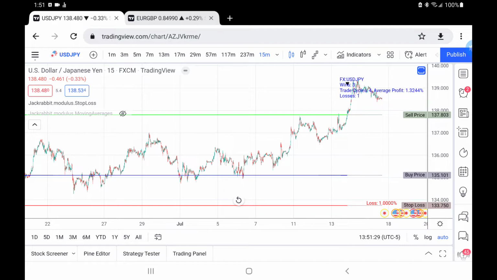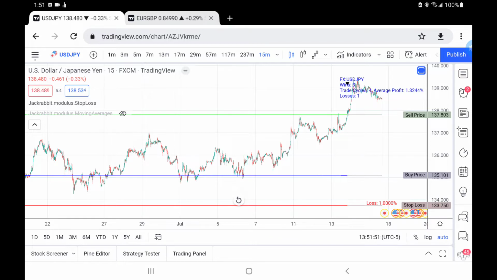It's not always appropriate to every market, but for this particular asset in the Forex market, USD JPY is really quite profitable with this approach. But there are other approaches that we need to explore.